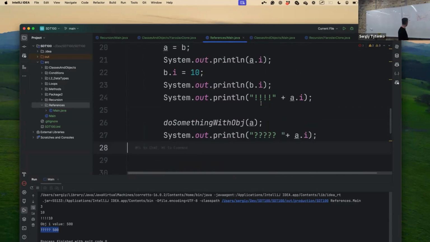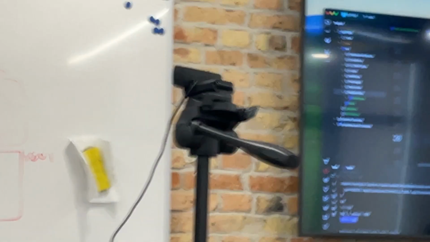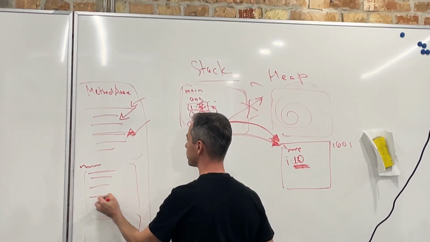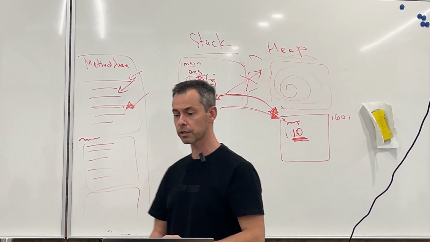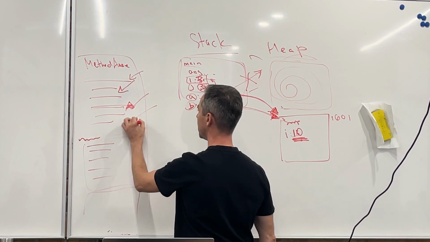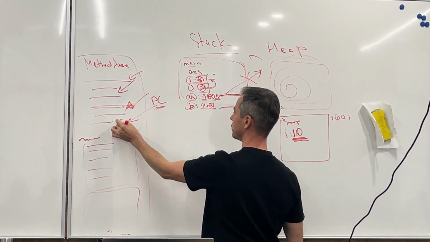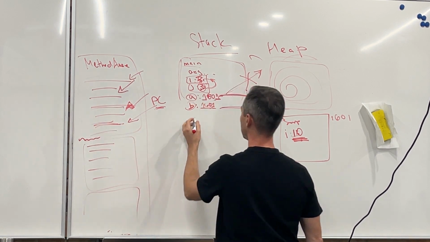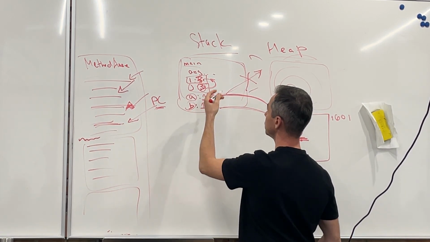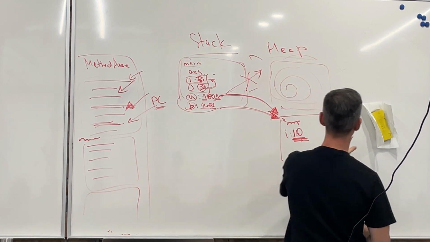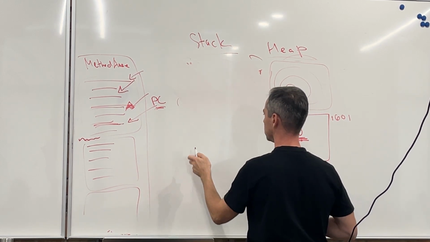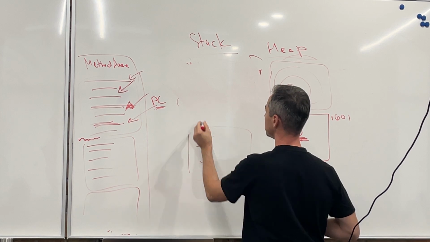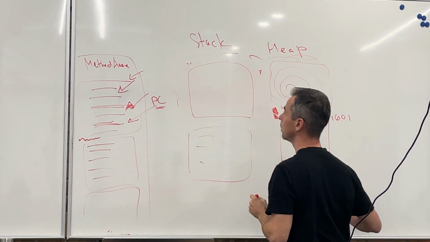So let's meditate on that. We have this one more method here. We have these instructions, and we come to this line number 26. So our program counter points to this line. And we create a new stack frame, and we create the new method frame here.